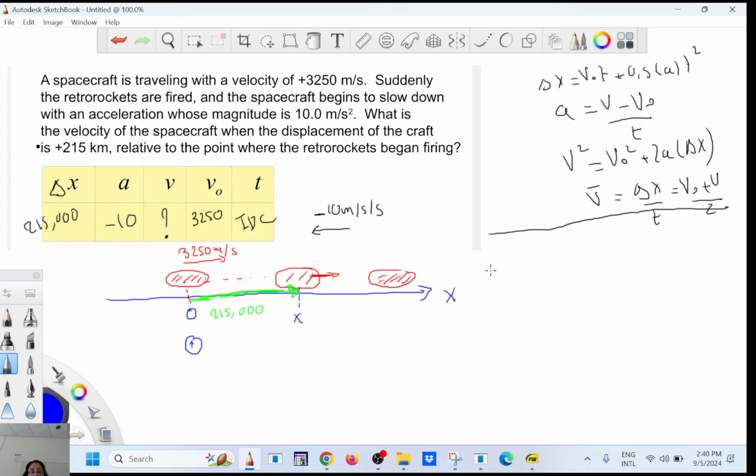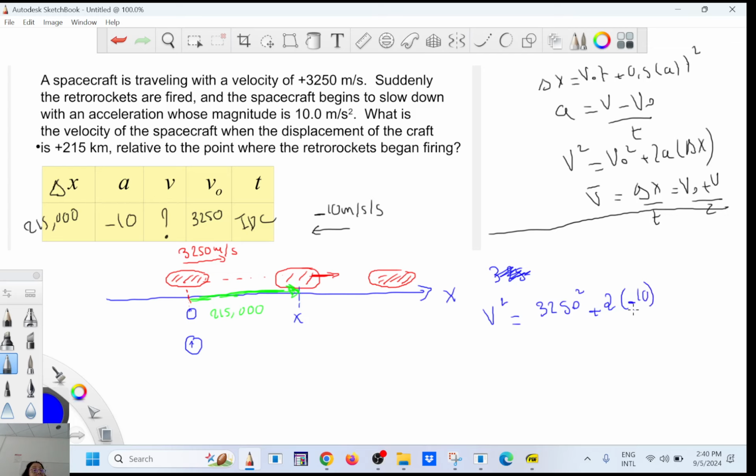So it's going to be 3250. No, v squared, that's what I'm looking for. v squared equals 3250 squared plus 2 times acceleration.